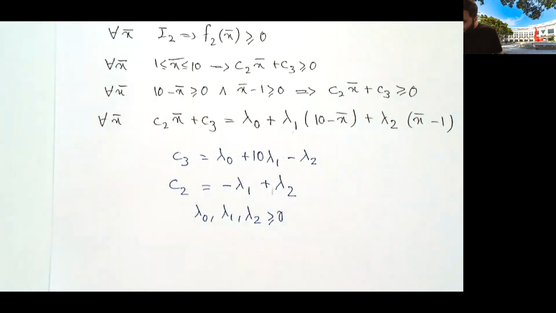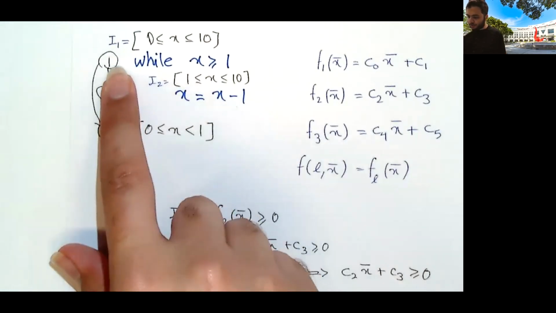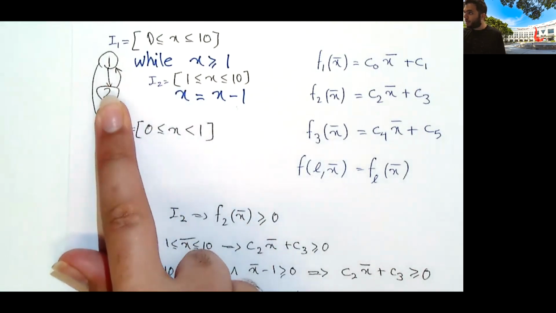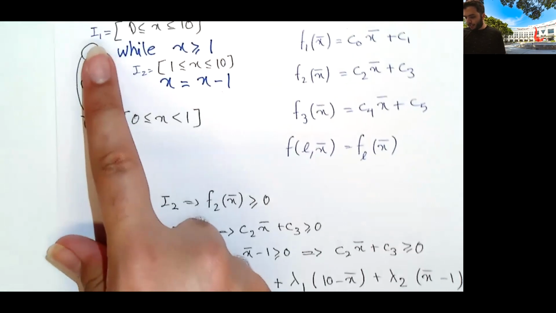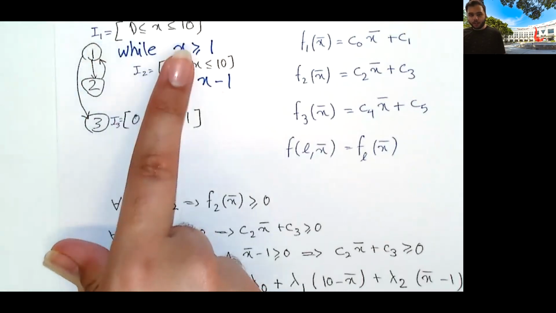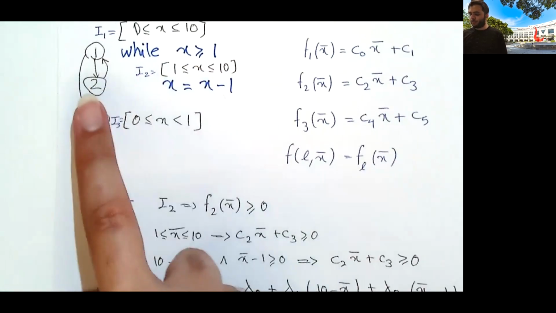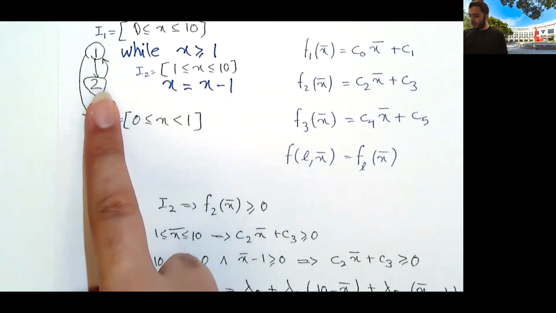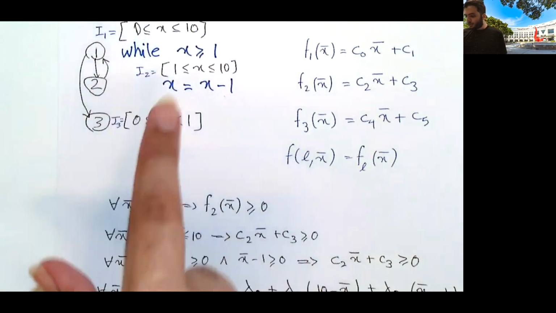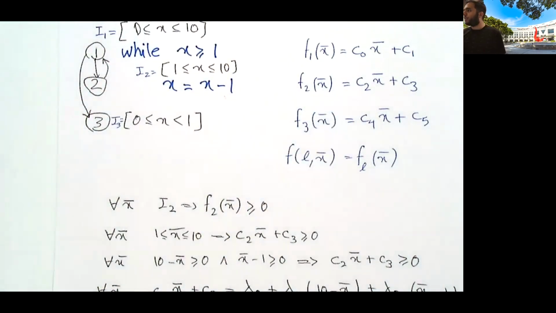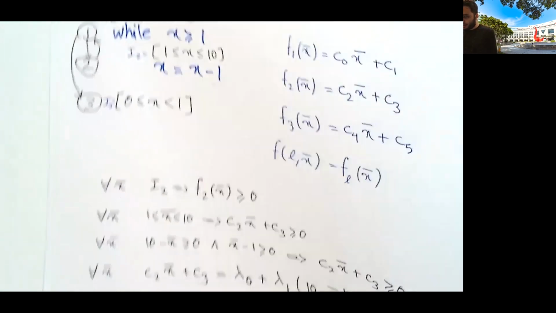For example, if you consider the transition from line 1 to line 2. Okay. What happens? Well, we have the invariant I1 at line 1, and we also know that x was greater than or equal to 0, otherwise we wouldn't go to line 2. And from this, we want to deduce that the value of f decreases by at least epsilon.